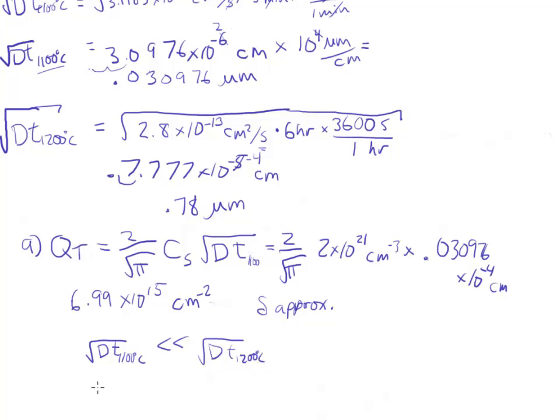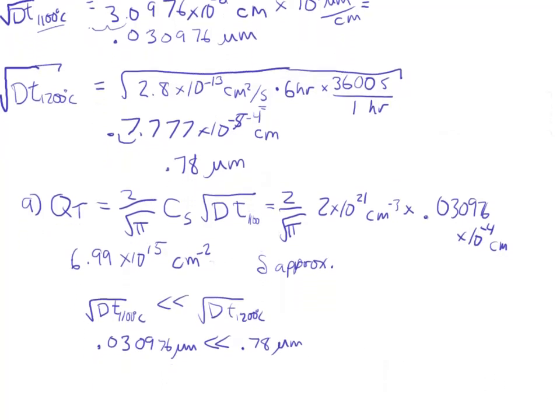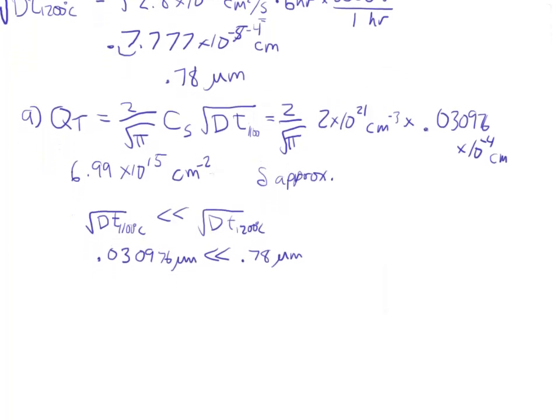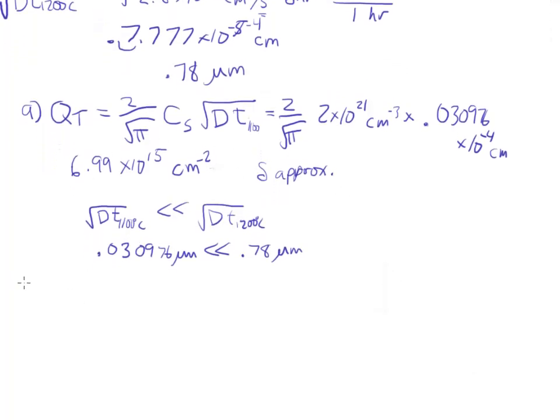And that's true because the depth of the dopant here was 0.03097 microns, and that is indeed much less than 0.78 microns. So this one is only 0.03, this one is 0.78. So this one is much less than that one. So that holds, and therefore it was appropriate to use the delta approximation for part A.